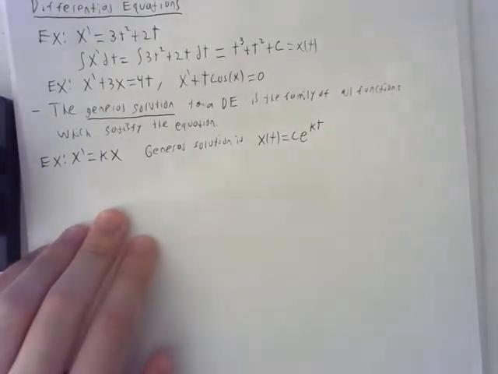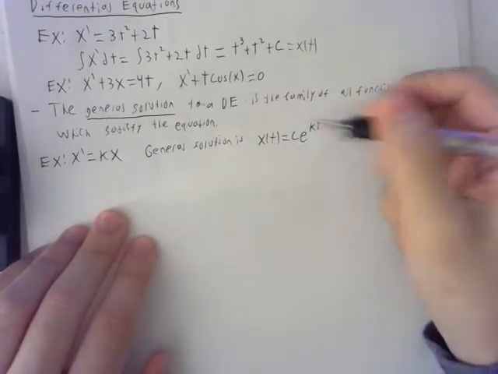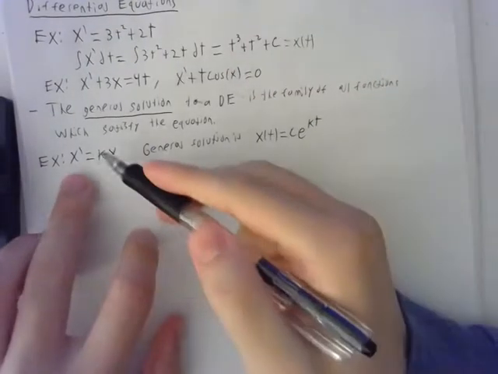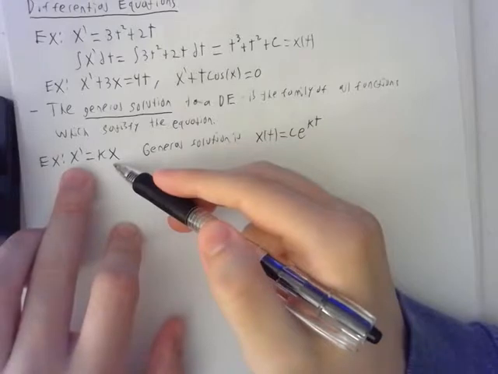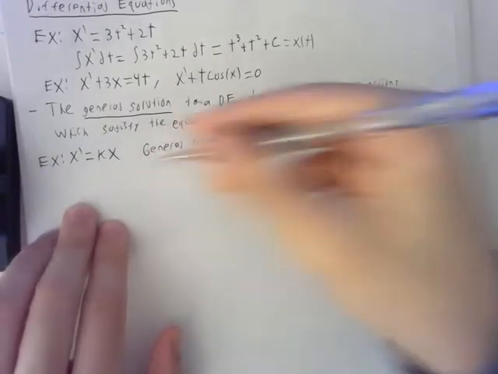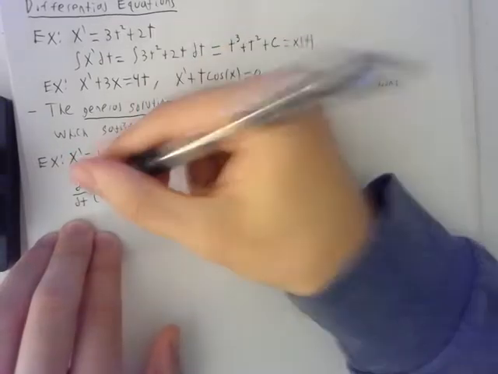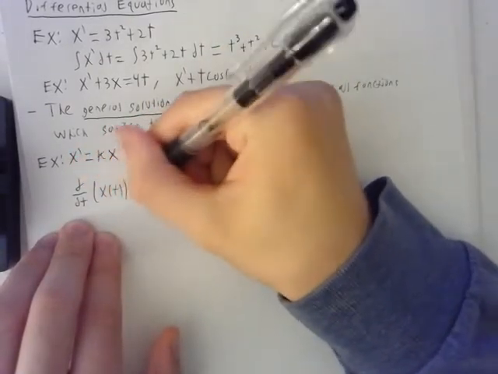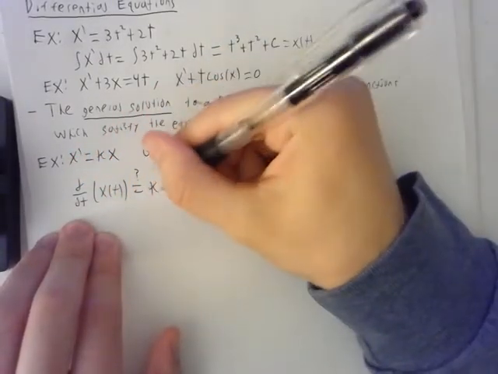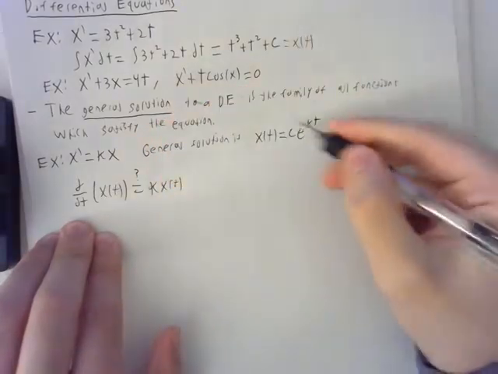So how can we verify if this is actually a solution or not? Well, we plug in x of t into my differential equation and see if it works. So I have to check, is the derivative of x of t equal to k times x if I make this choice.